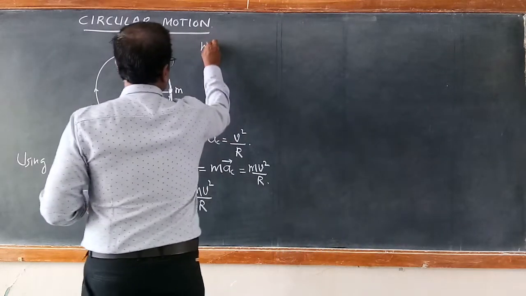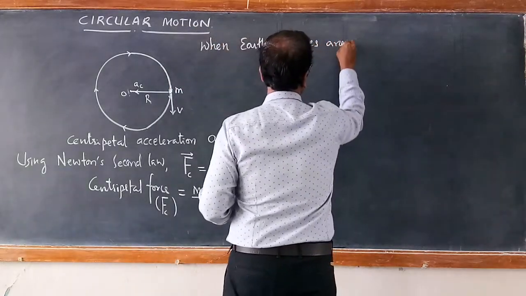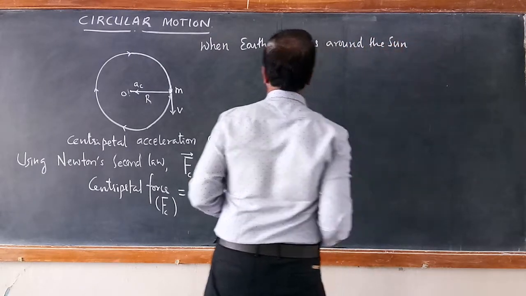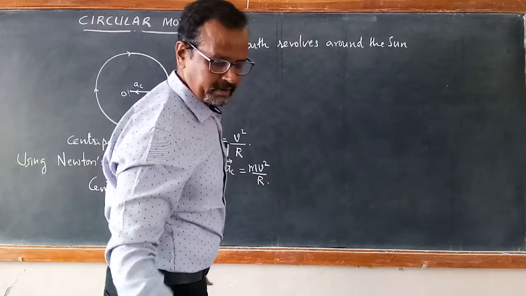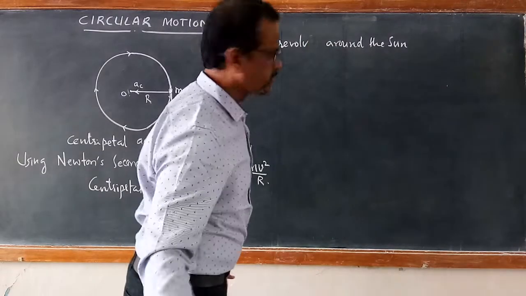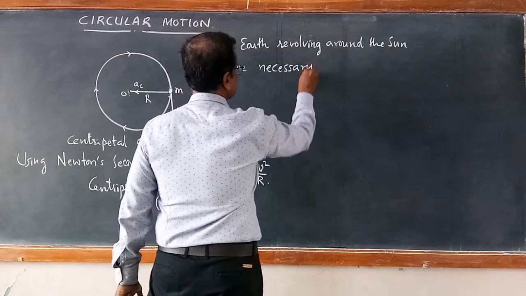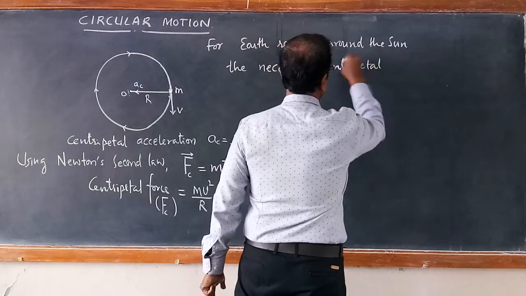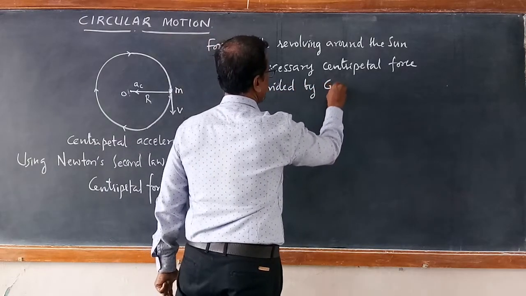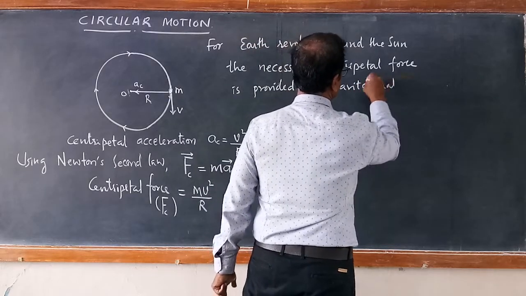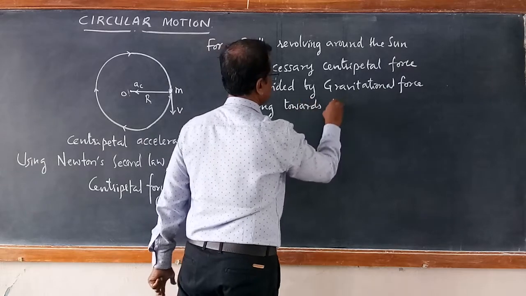So when the Earth revolves around the Sun, the necessary centripetal force is provided by the gravitational force acting towards the Sun.